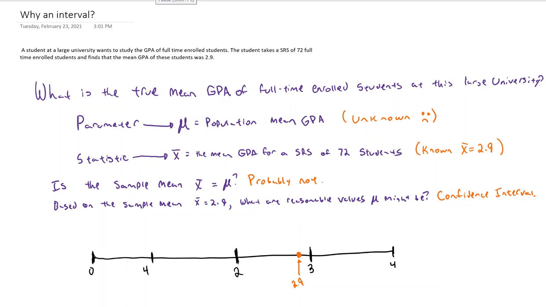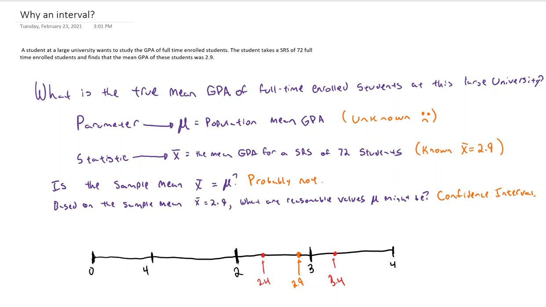In that case, I might say, well, if I go about half a GPA point in either direction away from my point estimate of 2.9, so what this provides me with is an interval of likely values that my population mean could take on. Now, if I'm not confident that this interval will capture what the actual population mean is, so the actual mean GPA, I can widen the interval of interest.